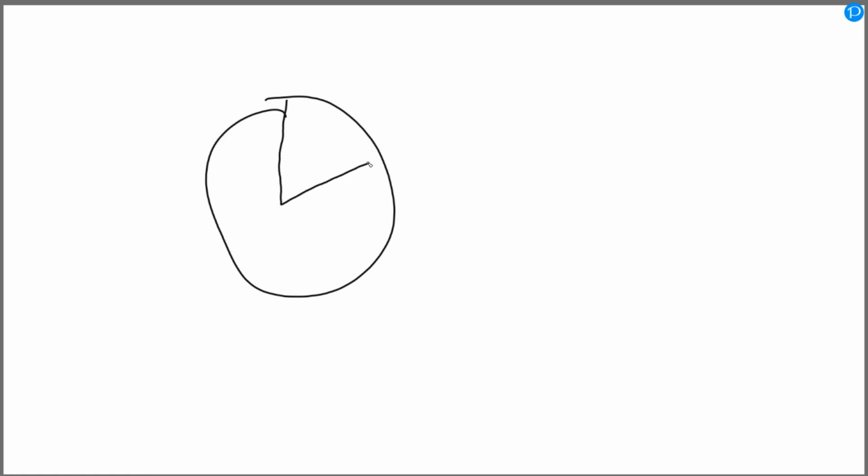Now let's try an area problem. So we have another circle. Well, that's not a very good circle. Oh well. Another angle here. Let's say it's pi by 6 this time. Let's say that the radius is 12 centimeters. So what's the area equal to? Well, area is equal to 1/2 radian measure r squared.